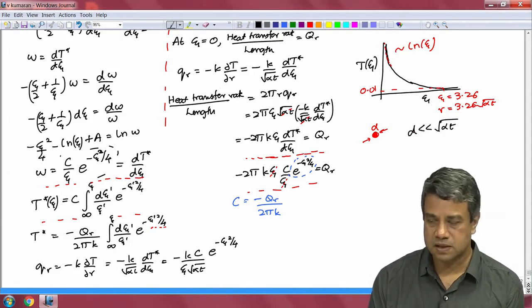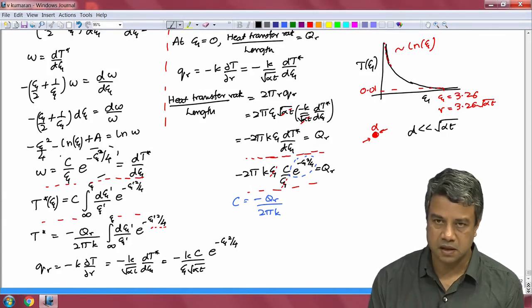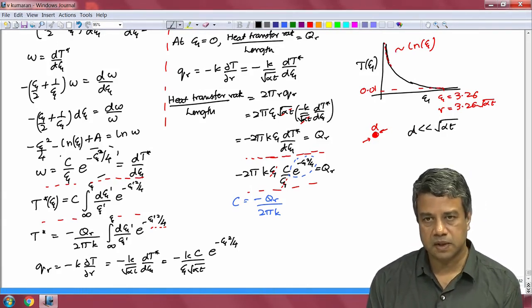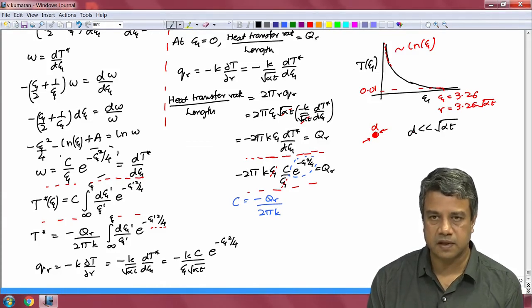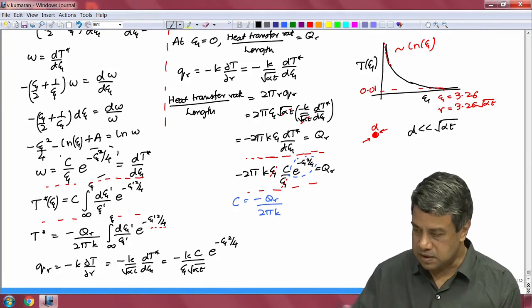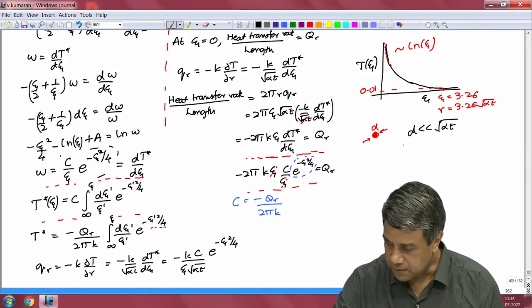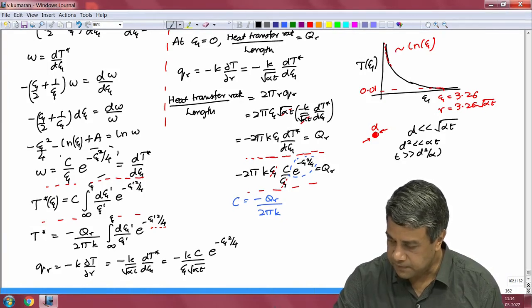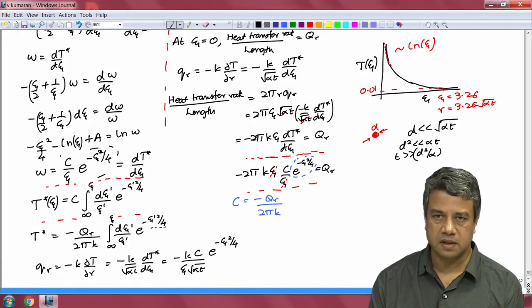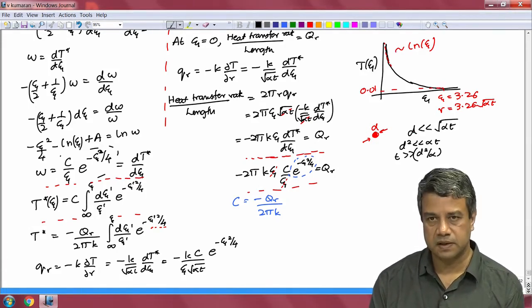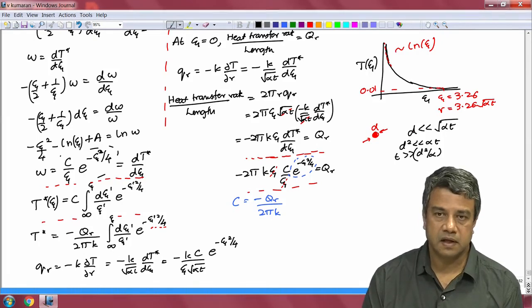So, this condition is that d square is much less than alpha t, or t is much greater than d square by alpha, when the time is much larger than the ratio of the diameter of the wire square divided by alpha, and you do not have any external boundaries.